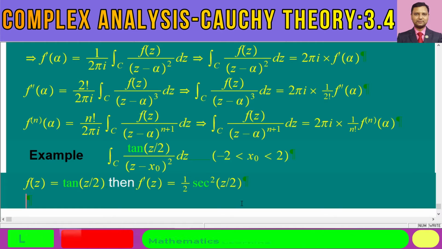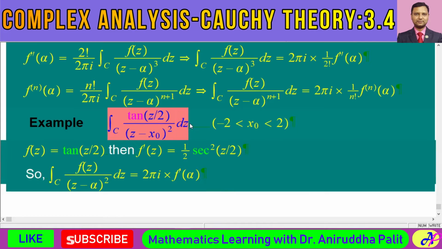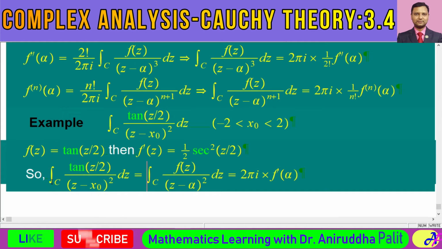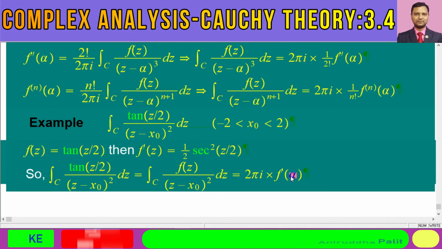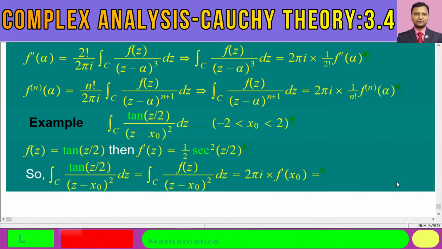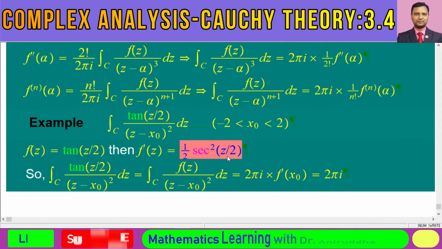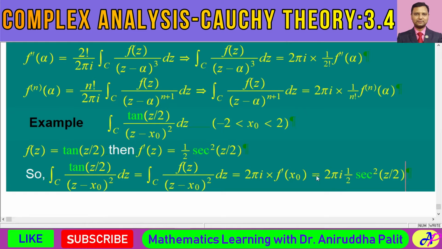This integral can be written like this, z minus x0 over here, and then its value would be equal to twice pi i into sec square, in place of z just put x0.